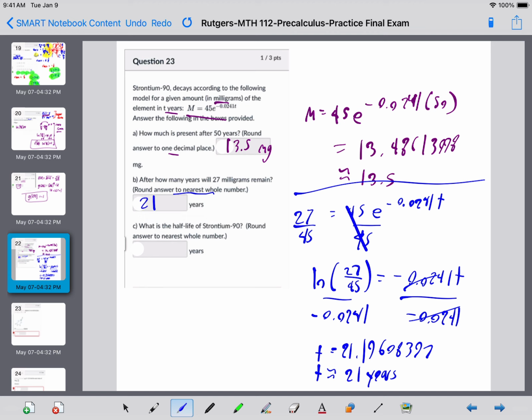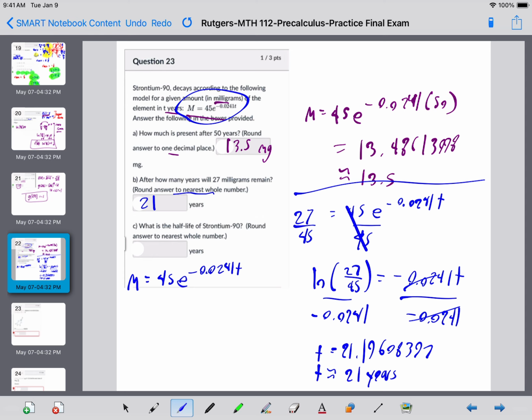And then, what is the half-life of strontium? Round your answer to the nearest whole number. This is when you're going to have to know what a negative exponent is. So you have m equals 45 e to the negative 0.0241 t.